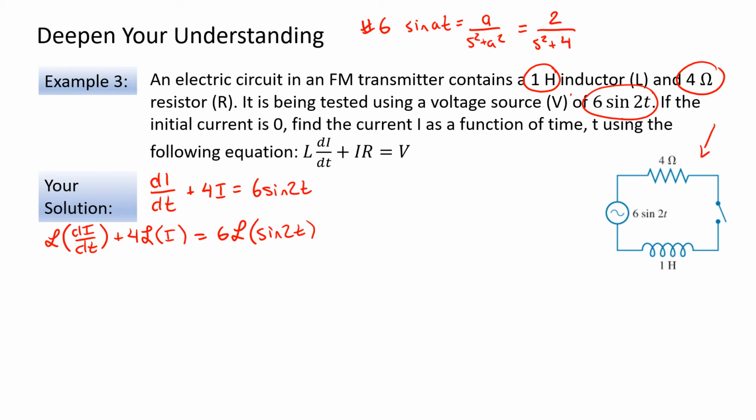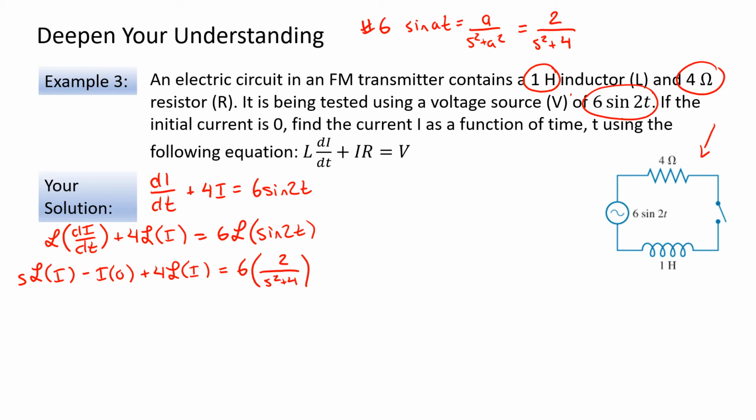We can also write the Laplace transform for the derivative using our identity. Substituting these in, we get s times the Laplace transform of I minus I at 0, plus 4 times the Laplace transform of I is equal to 6 times 2 divided by s squared plus 4.